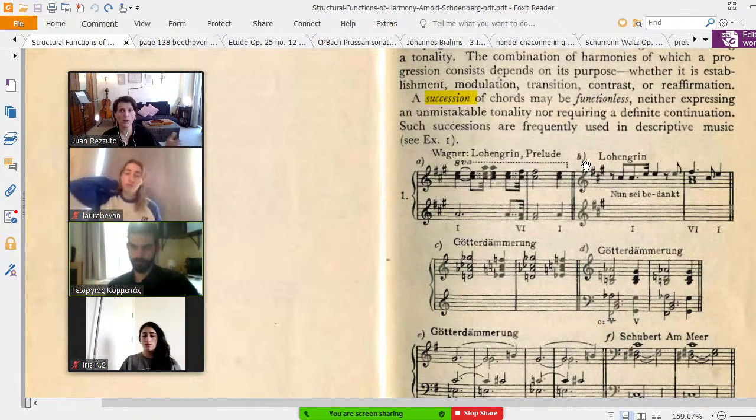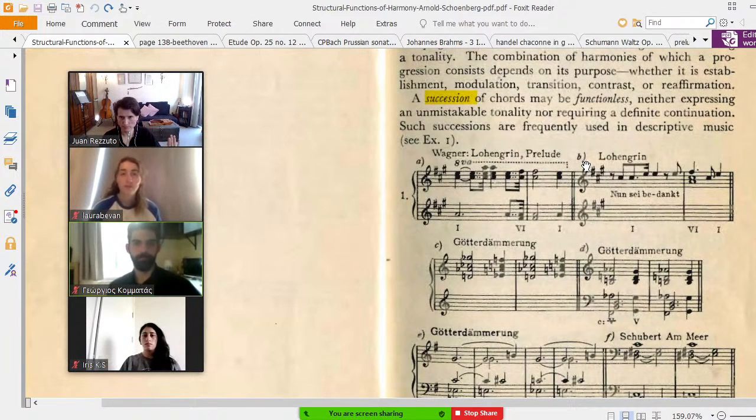So after the 5, the dominant, a definite continuation to reaffirm your aim would be to put a tonic there. If you want to counteract that goal, you will have a deceptive cadence.